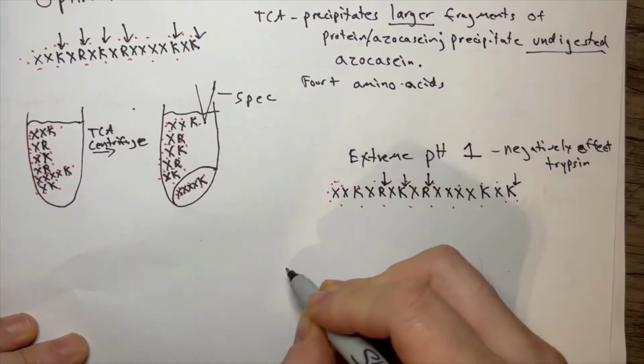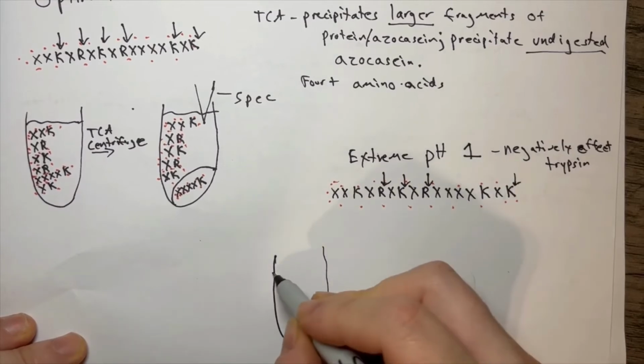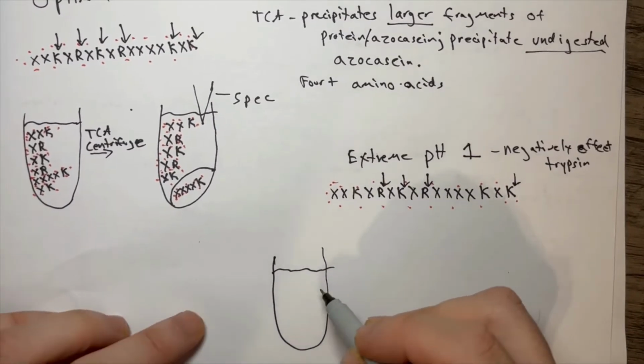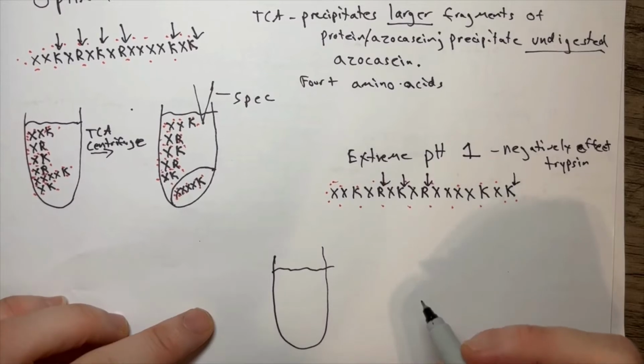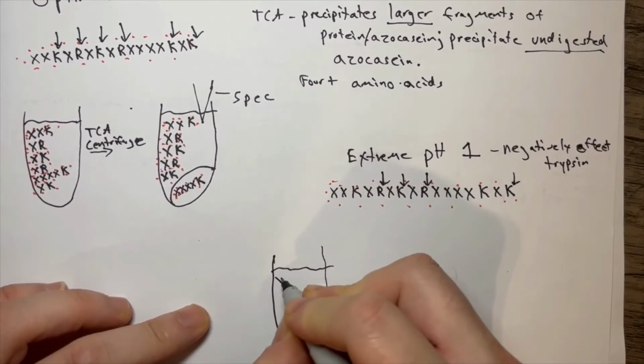What's going to happen here? In our reaction tube, we have our reaction buffer at a pH of 1 now, right? These are going to be the resulting fragments.